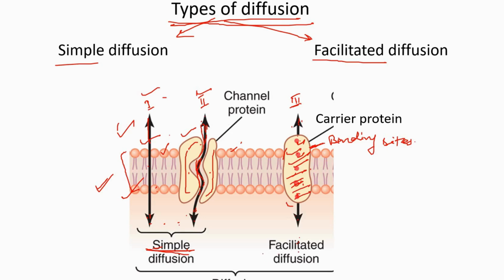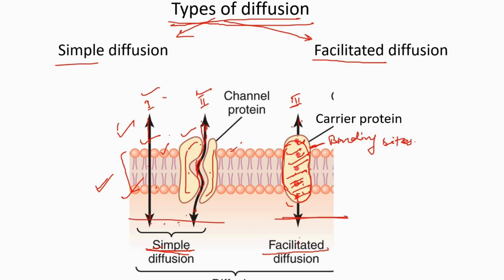So this is called facilitated, meaning the substance is moving because of its concentration gradient, but it needs some extra support of a protein molecule. So these are the types of diffusion: simple diffusion and facilitated diffusion.